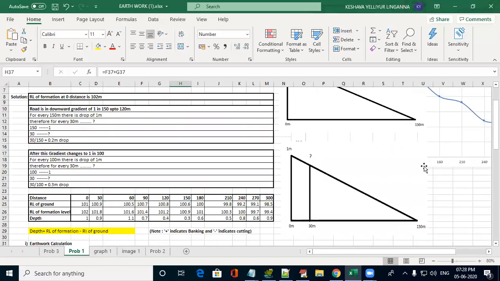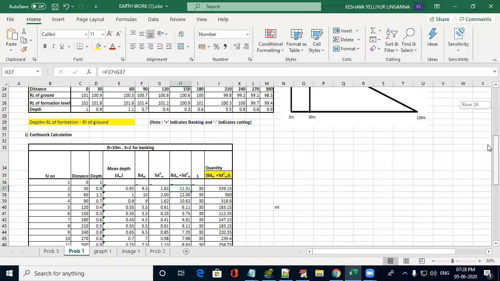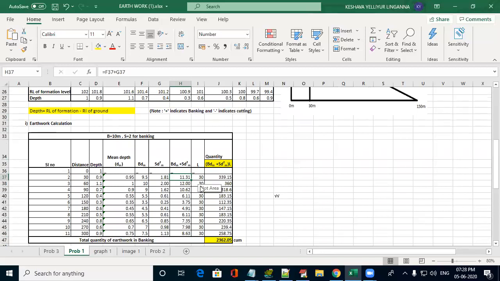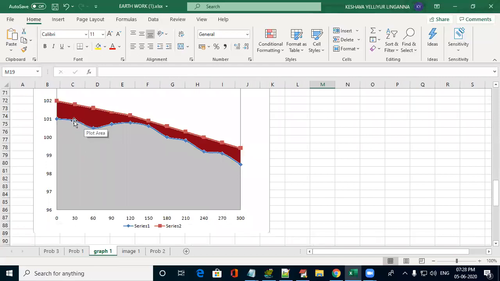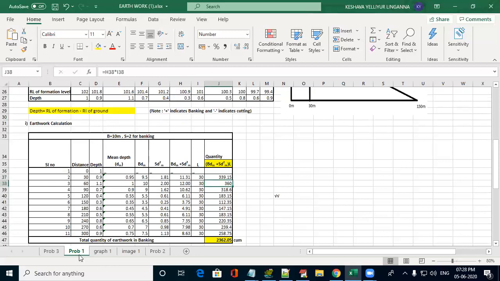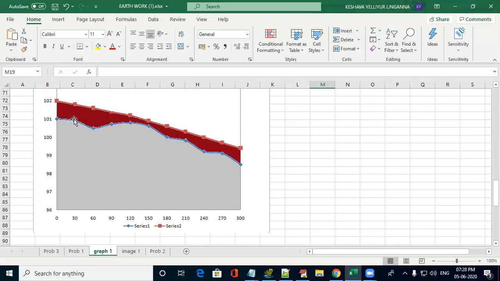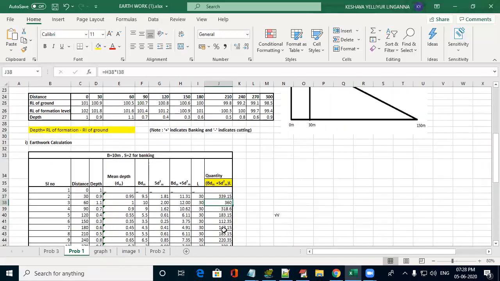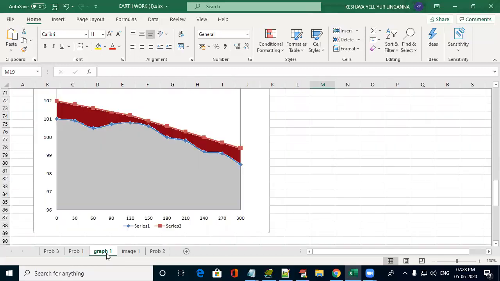Similarly, this 12 is the cross-sectional area here, multiplied by the length, 30, will give you 360. This 360 is the quantity of filling of only this portion. Similarly, whatever quantities you got, 318 and so on, is the volume of only these 30 meter interval areas.